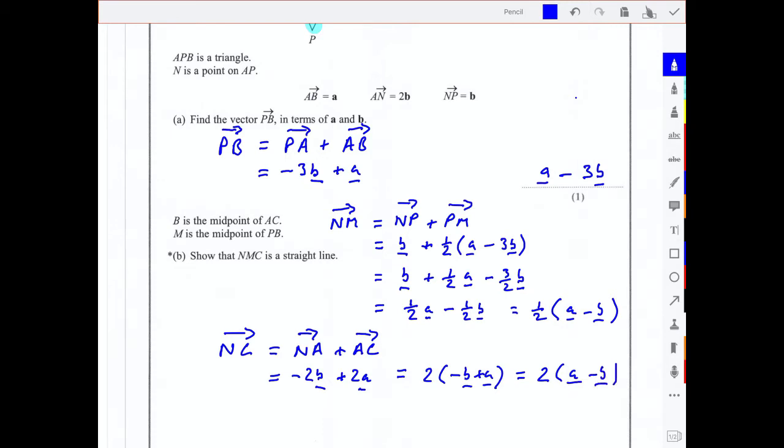And now we can see that NC is a multiple of NM. In fact, it's 4 times NM, because you've got 2 (a minus b) as opposed to a half (a minus b).